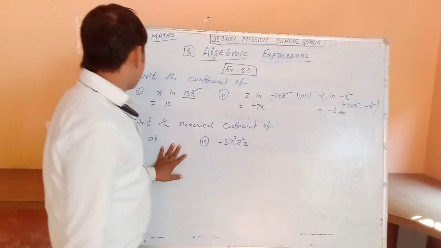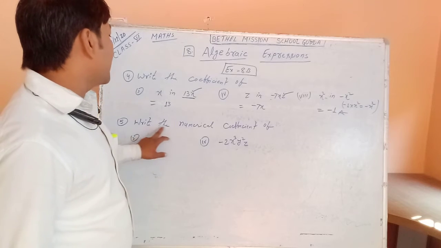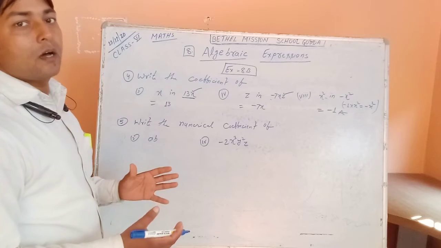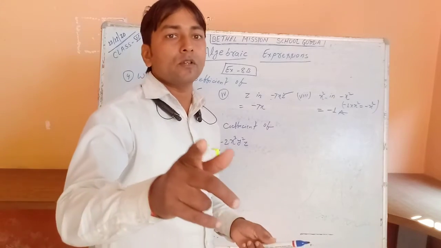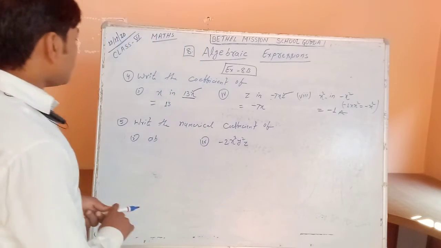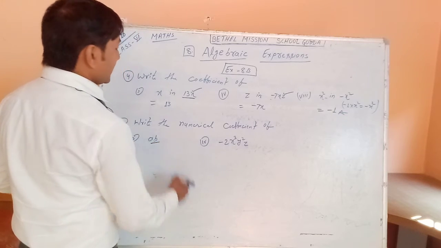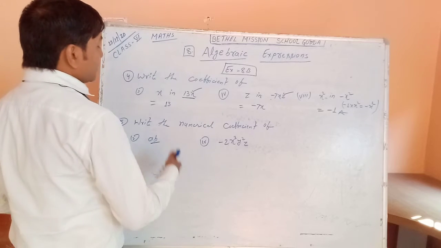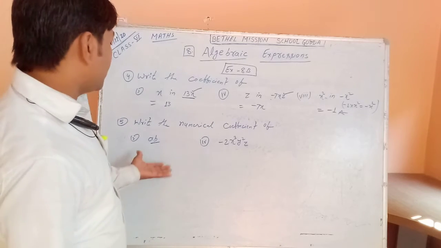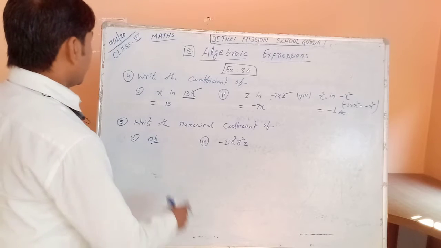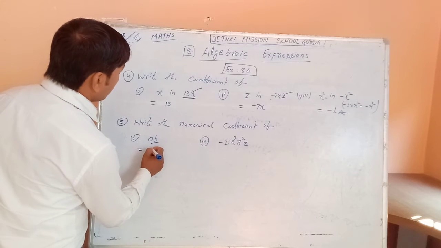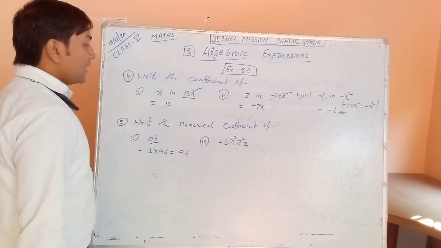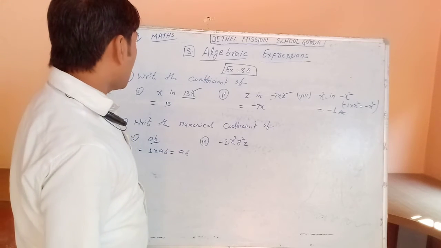Now the fifth number question says write the numeral coefficient of. I taught you two types of coefficient, one is literal and the other is numeral. In AB, the numeral coefficient is not given, but here 1 is hidden. We can write 1 into AB, that is AB. So what is the numeral coefficient of AB?